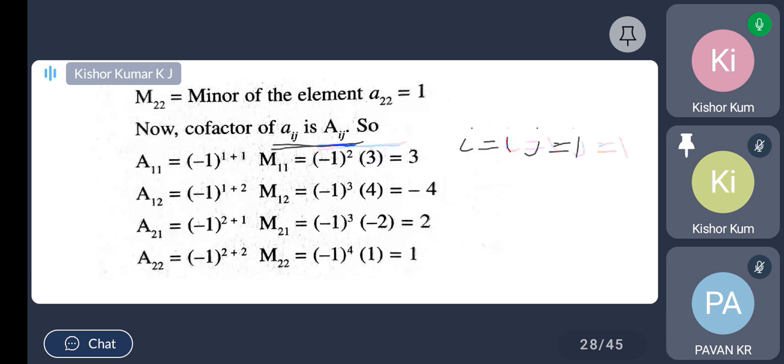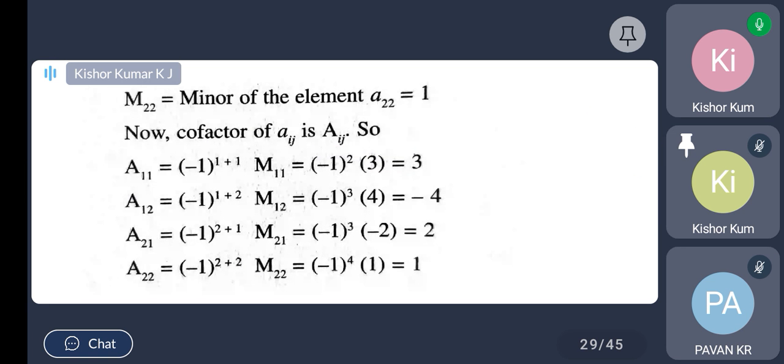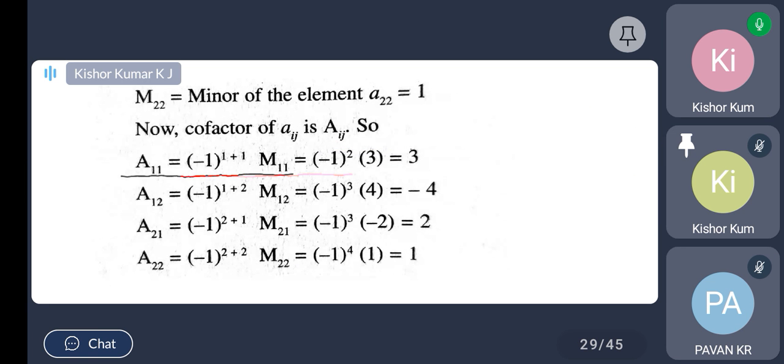Wherever you have i, substitute it as 1, and for j, use 1 again. Now the cofactor of the first element, A11, is equal to the formula minus 1 to the power 1 plus 1 into M11. Already we have calculated the M11 value. Just do the replacement. So we get minus 1 to the power 2 into 3, that is the value of M11. Minus 1 squared will be plus 1. 1 into 3 is 3. That is the cofactor of the first element.